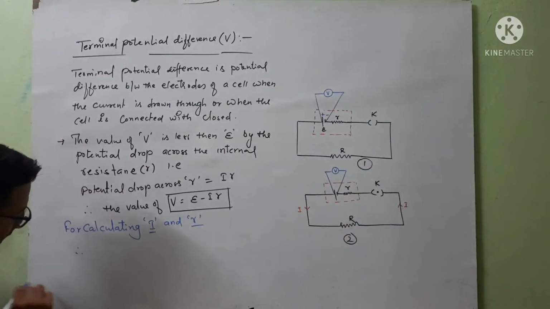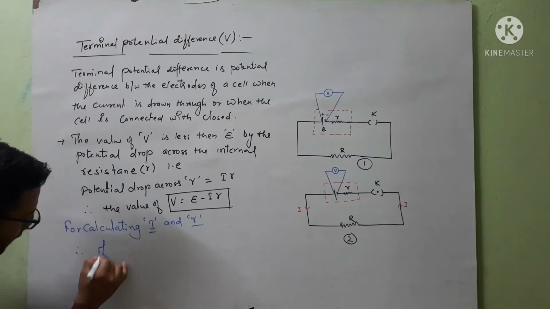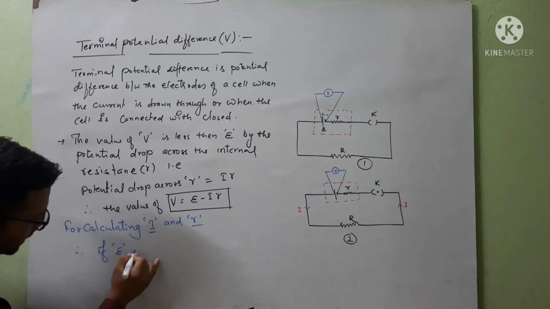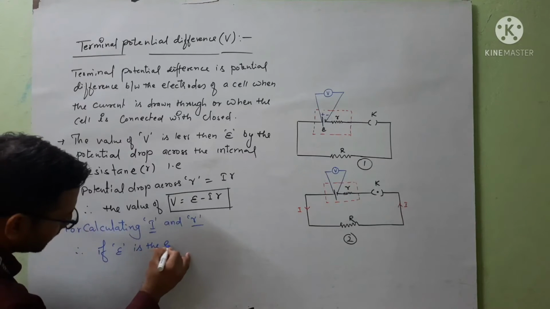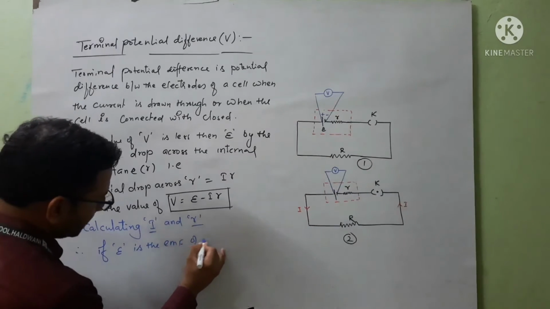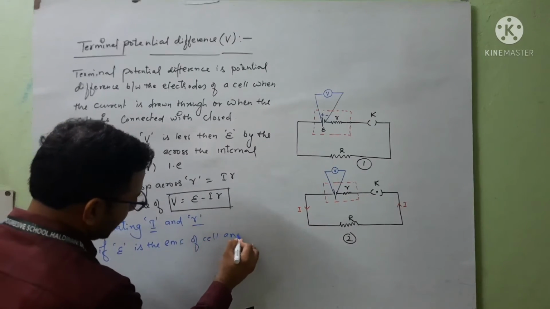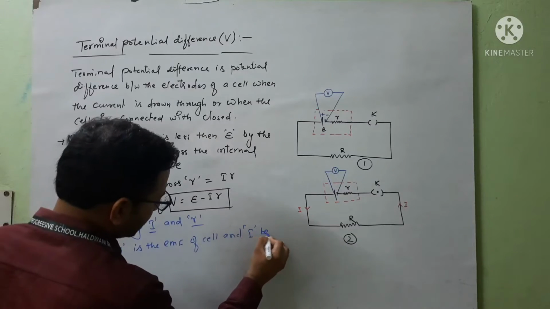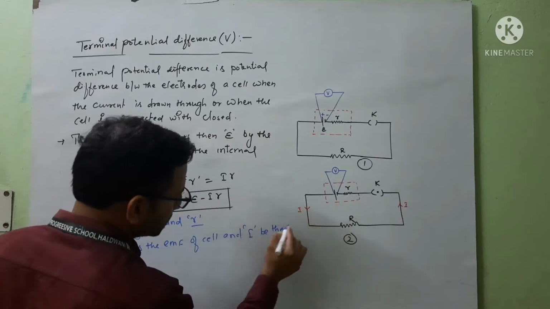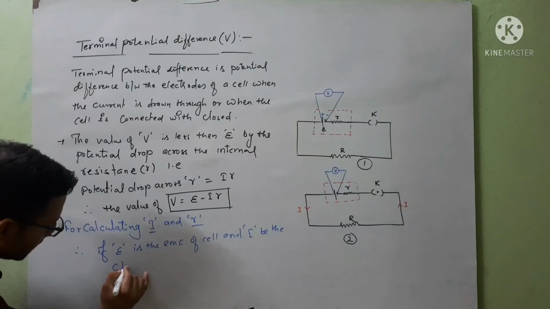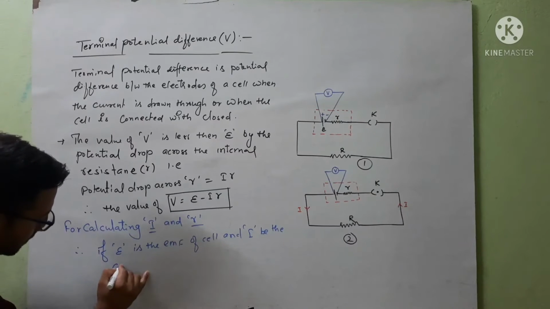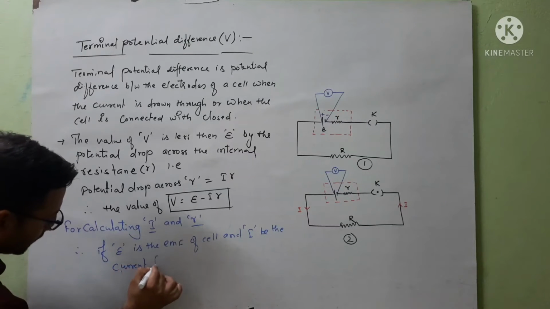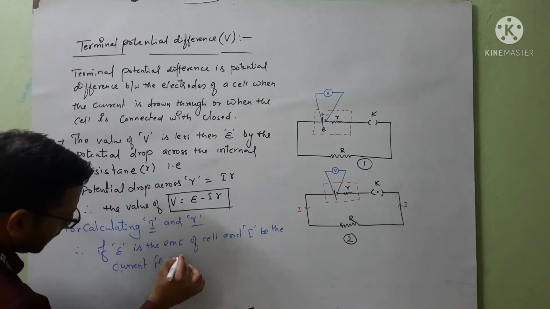So therefore we can write, if epsilon is the EMF of the cell and I be the current flowing in the circuit, meaning the circuit is closed.